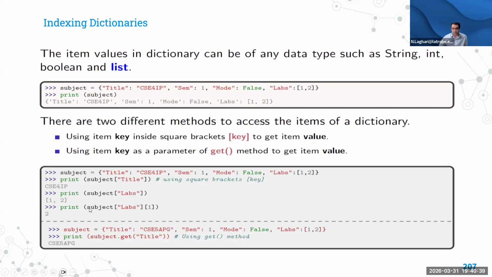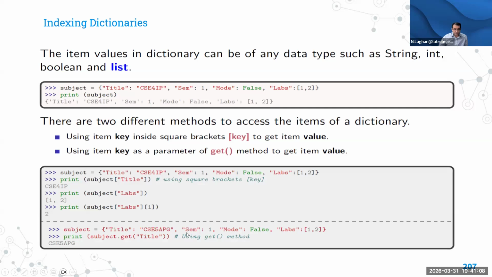It'll be printing 1, 2 as a list, and we want to access just the second lab, or the second part from the labs. So we say subject labs, and from that part we are now accessing the list using the index. So not 0, rather 1. 0 is 1, and 1 is 2. So this will be returning us 2.